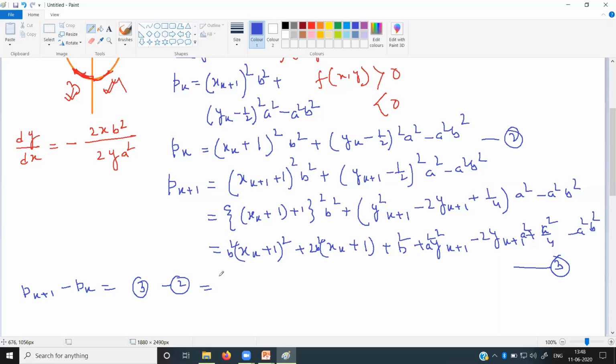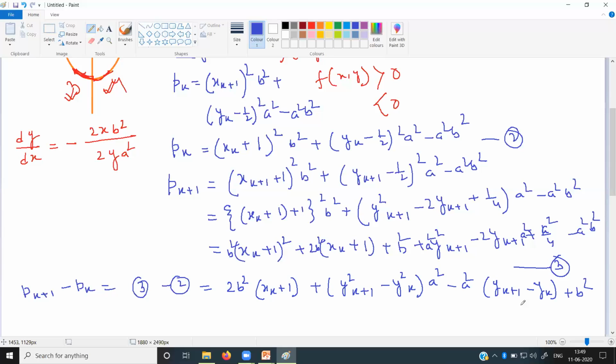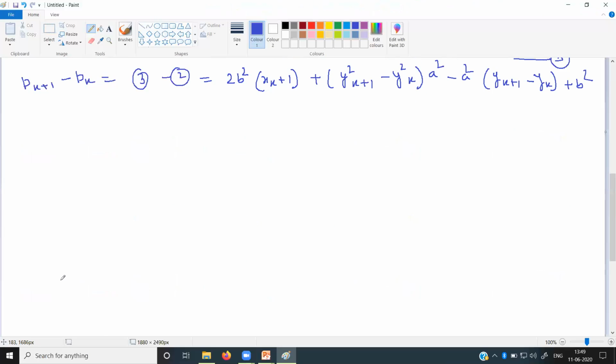After performing 3 minus 2, you will get 2b square x of k plus 1 plus y square of k plus 1 minus y square k, a square minus a square, y of k plus 1 minus yk plus b square. Fine. So this is the value you will get if you subtract pk plus 1 minus pk.